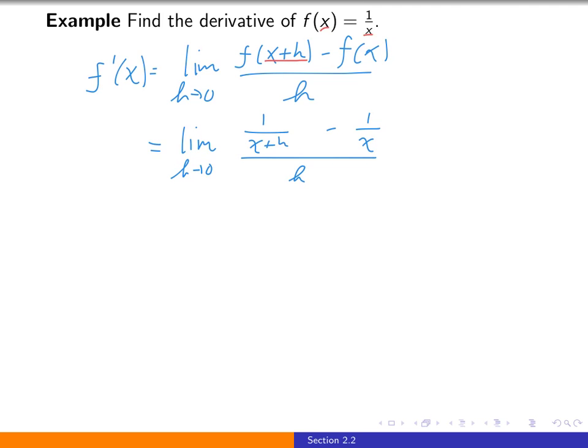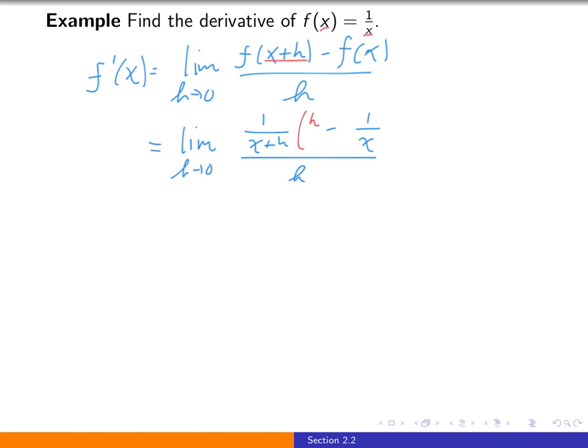We would like to simply plug in h equals 0, but unfortunately we cannot do that. It would give us an undefined quantity. So instead we need to algebraically manipulate. And really the only algebraic simplification we could note here is to combine fractions in the top.